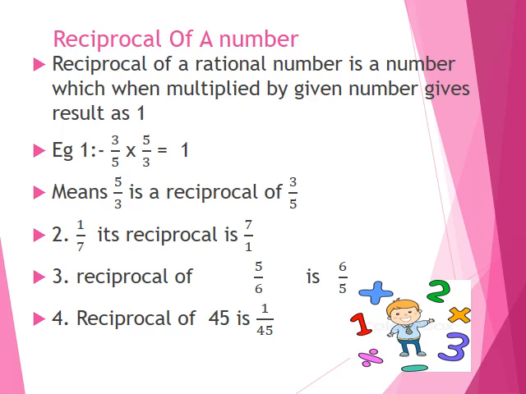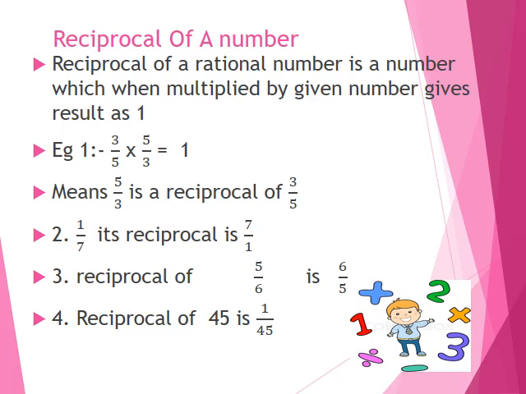If you take 1 by 7, its reciprocal is 7 by 1. If you observe here, while taking the reciprocal, we have to change the places of the numbers: the numerator changes to denominator and the denominator changes to numerator. See here the third example.